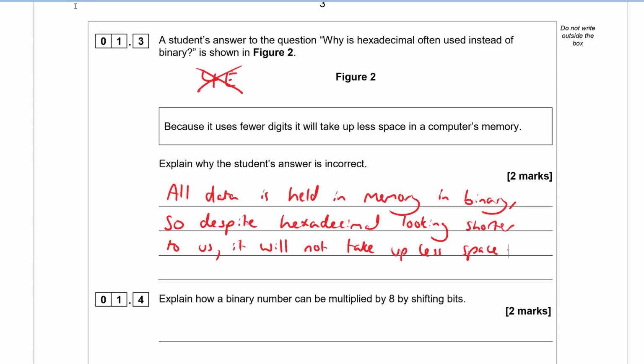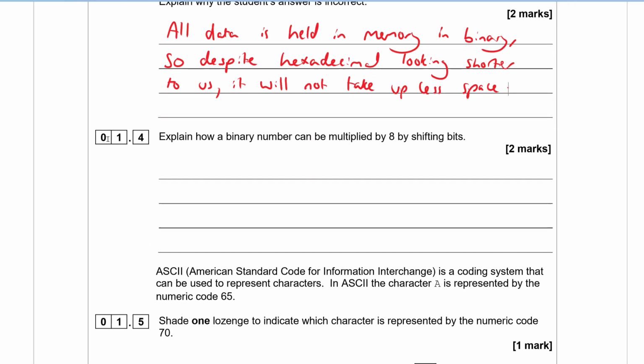And then for 1.4, we need to explain how a binary number can be multiplied by 8 by shifting bits. Shifting bits is where we add or take away digits from a binary number. If we are multiplying, we are adding zeros to the right, which means we're doing a left shift. For example, 10 in binary is 2. If I add a 0 to the right, that becomes 100, which is 4.